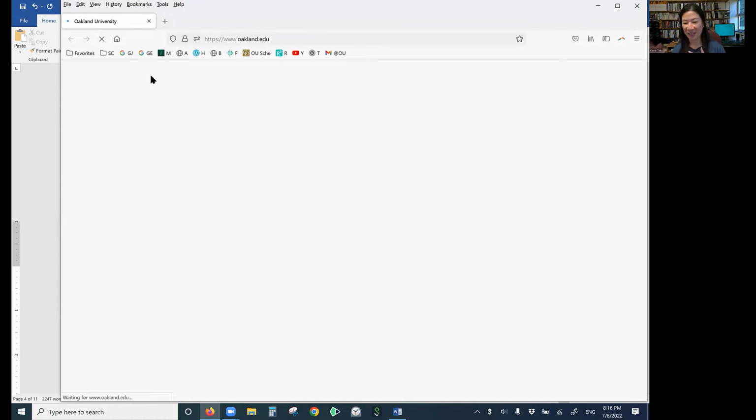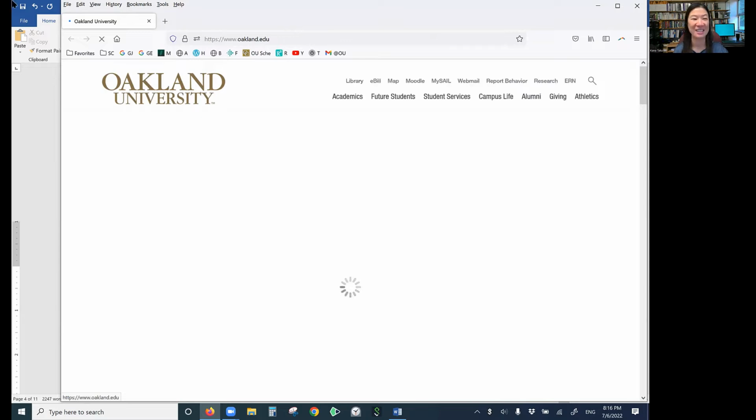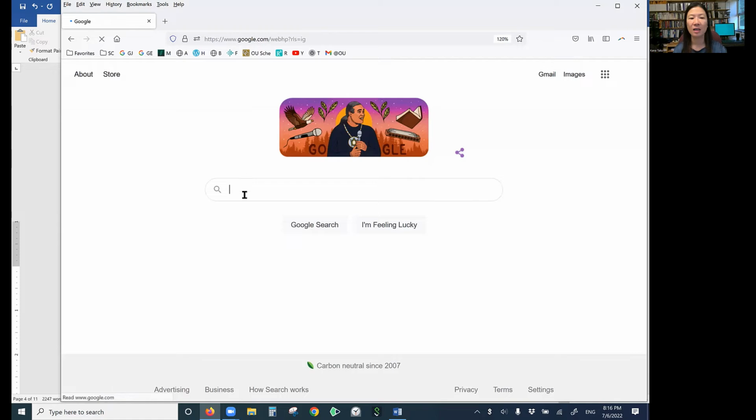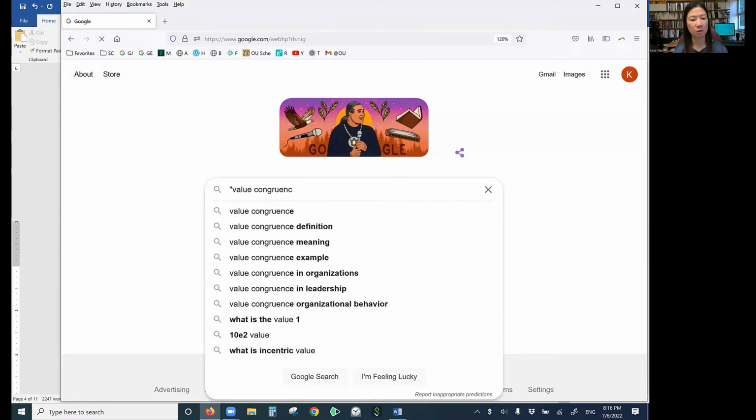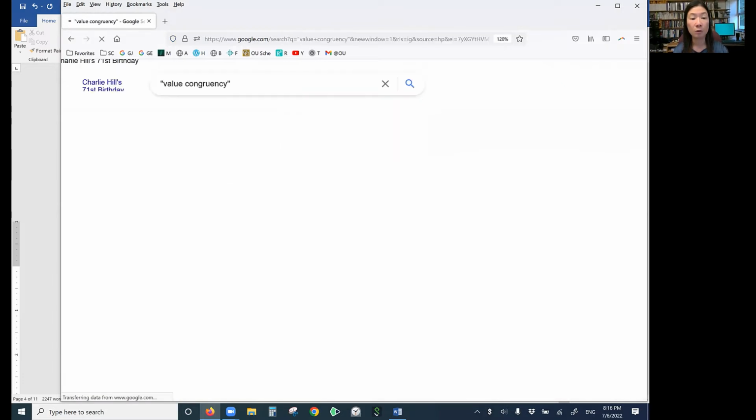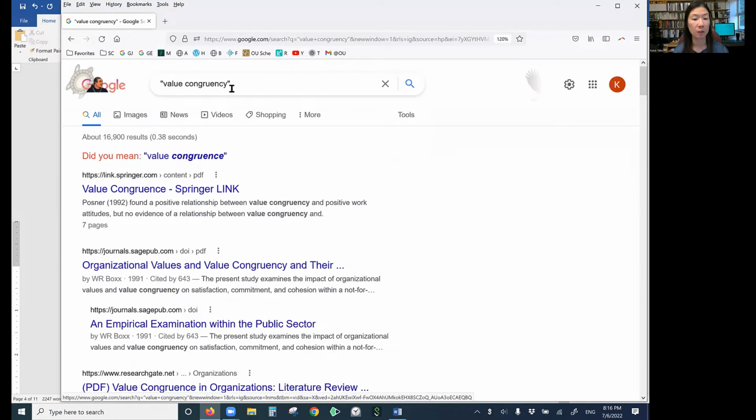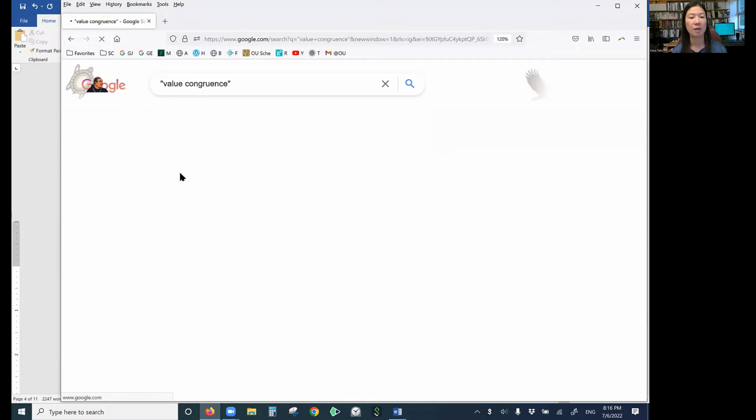I came here in 2005, so it's been 17 years. Still not completely comfortable. But I'm not worried about it. Instead, I'm saying value congruence. Value congruency? Oh, no, definitely not. So value congruence was okay. So value congruence, that's good.